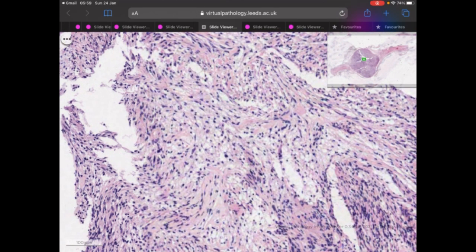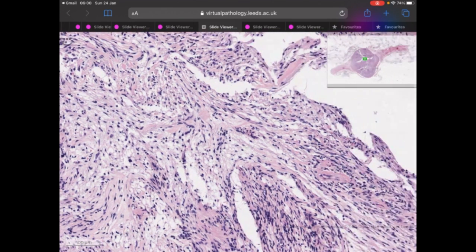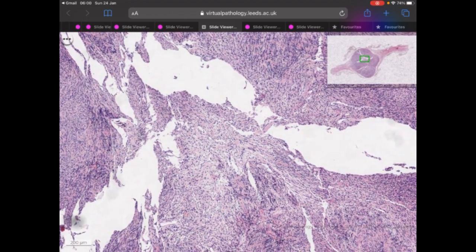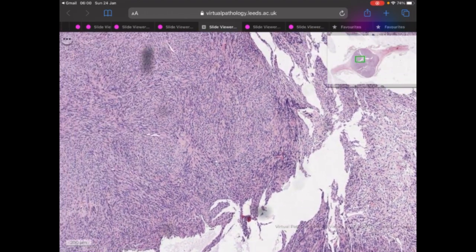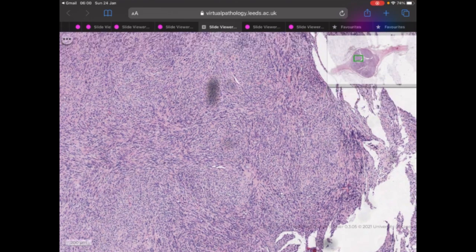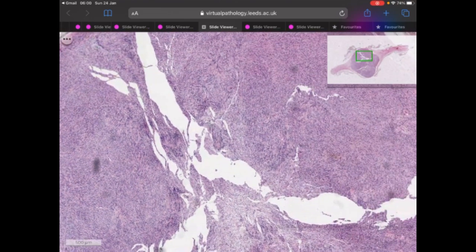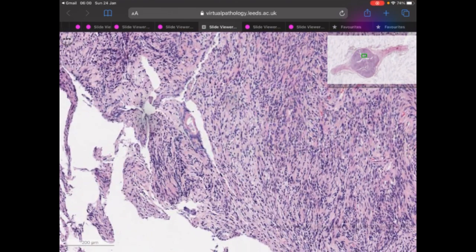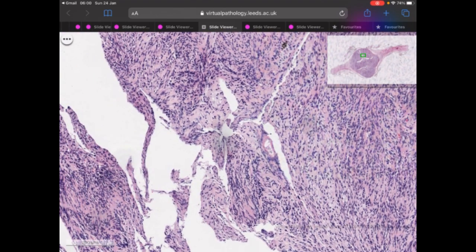And in the loose Antoni B area, the cells are more rounded. The background is very loose. And the blood vessels in schwannoma are usually hyalinized.